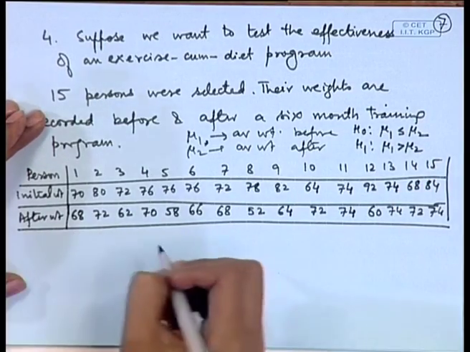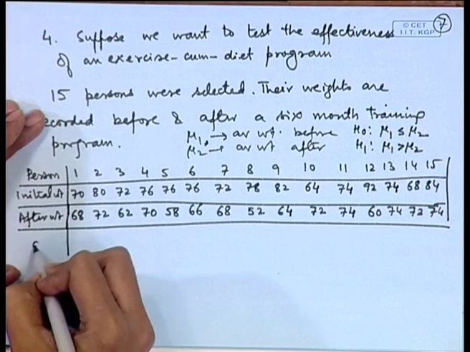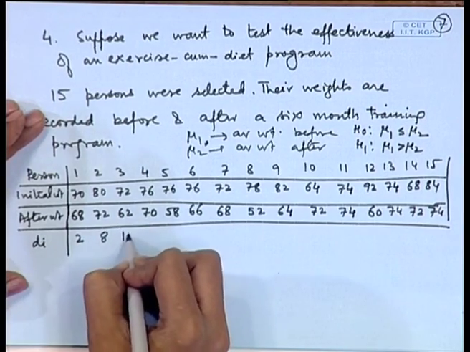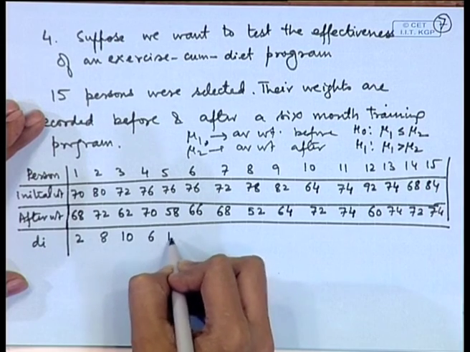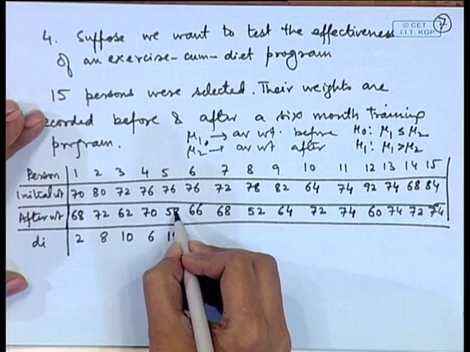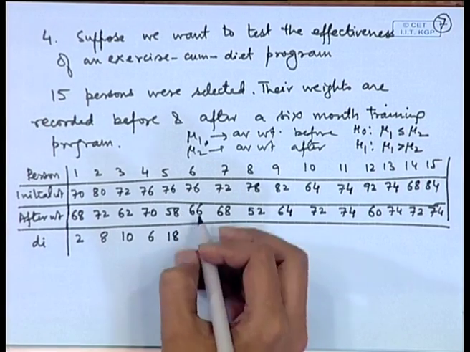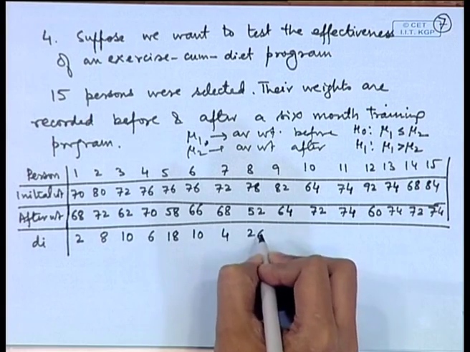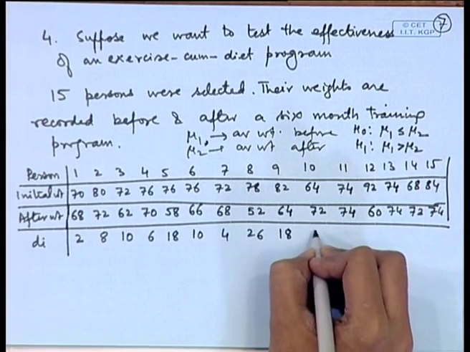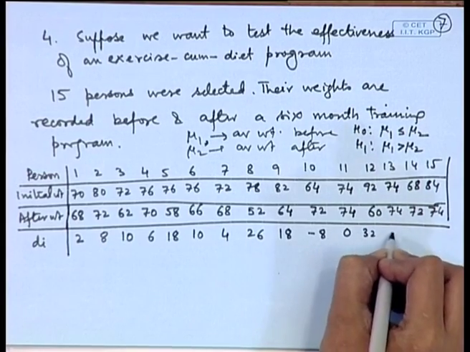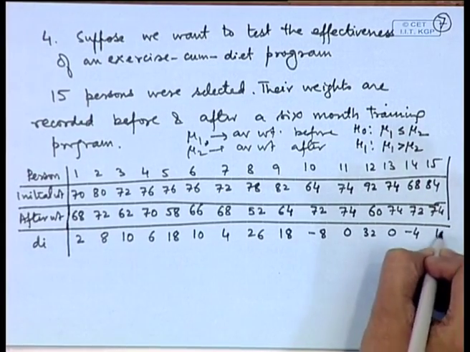The differences d i's are 2, 8, 10, 6, 18, 10, 4, 26, 18, minus 8, 0, 32, 0, minus 4, 10.